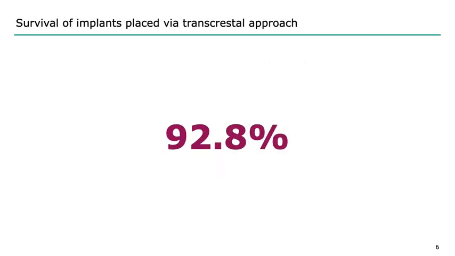Moving on to the outcome, looking at some literature, the overall success of implants placed via a transcrestal approach reached almost 93%, which is almost the same rate as those placed in pristine posterior maxillary region. So it shows a really high level of success, even if you do some kind of transcrestal approach.